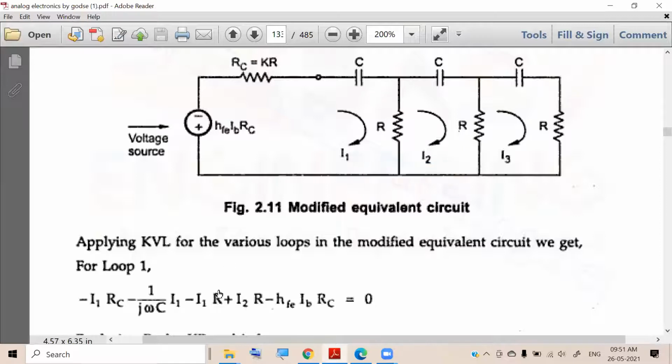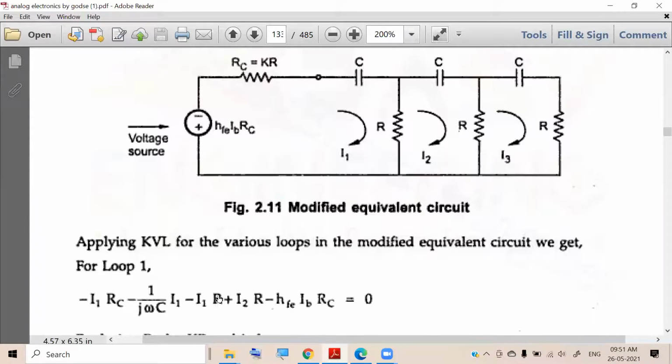Minus I1 into 1 by j omega c. Then the leaving terminal is negative, so minus I1 into R. Both I1 and I2 are flowing, and I told you I2 is in the opposite direction to I1.